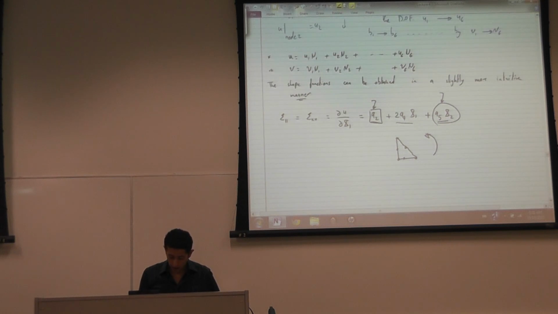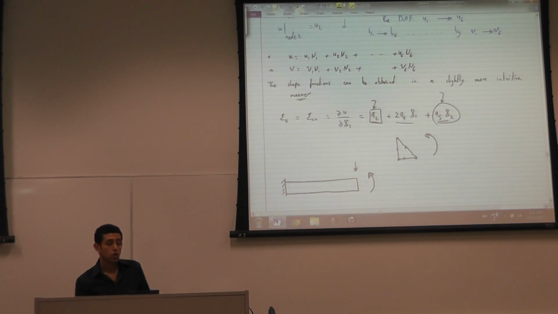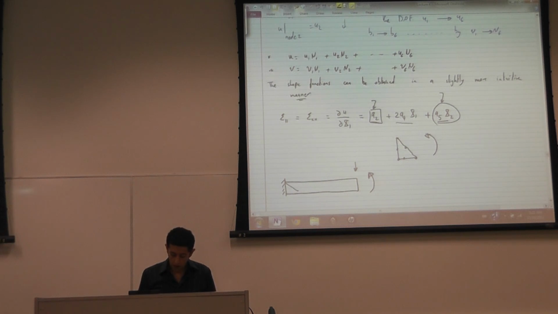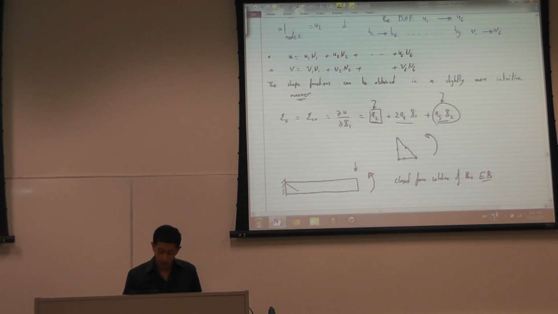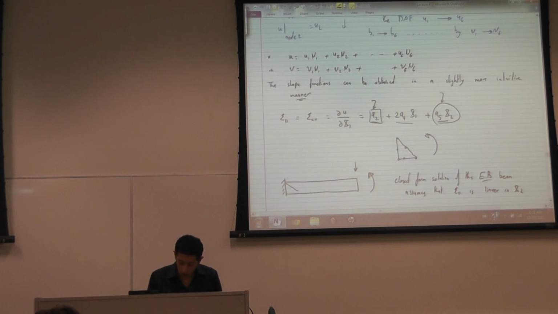Which means, if I have a beam, and I apply a load here, for example a bending load, the closed form solution using Euler-Bernoulli beam theory assumes that the strain epsilon 11 is linear in x2, the distribution of the strain is linear in this direction.